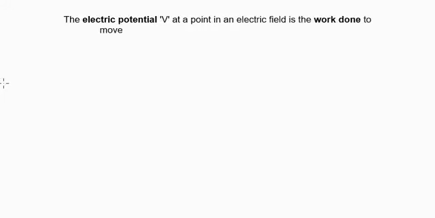So next we'll talk about electric potential. So electric potential V at a point in an electric field is the work done to move a unit positive charge from infinity to that point.